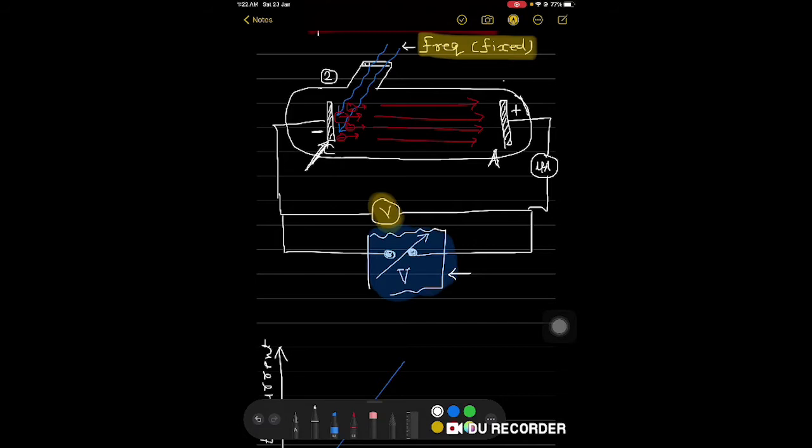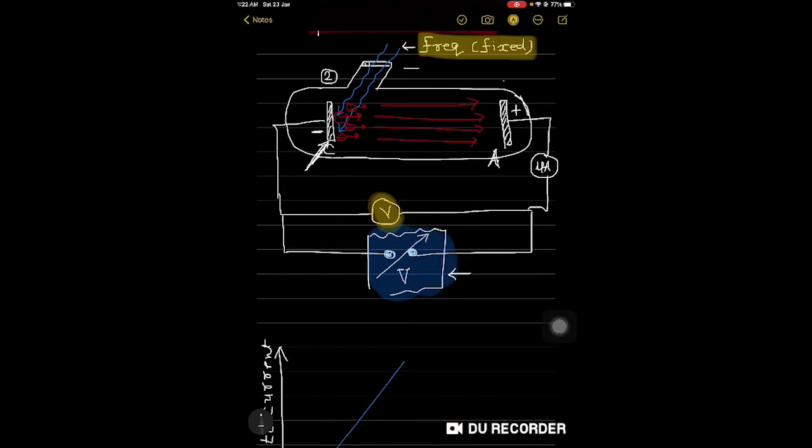So the frequency of the incident light will be fixed, and the intensity I will be fixed.